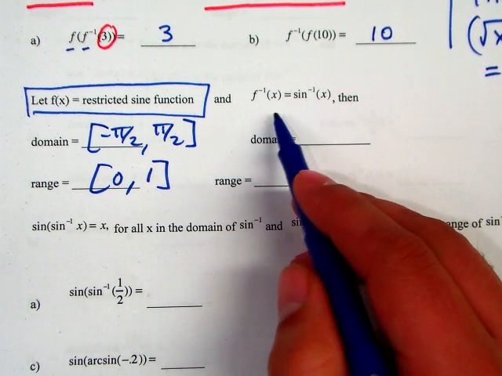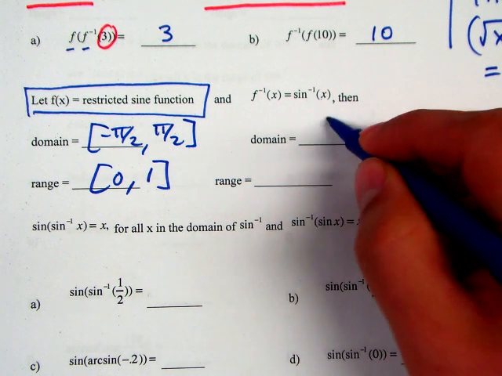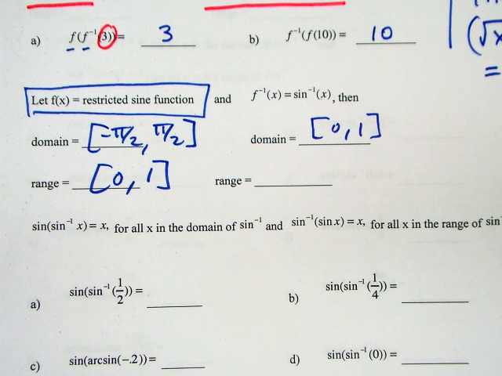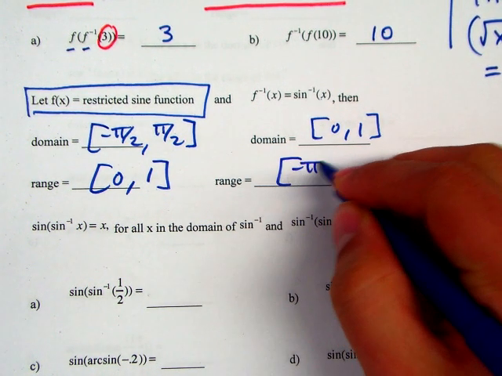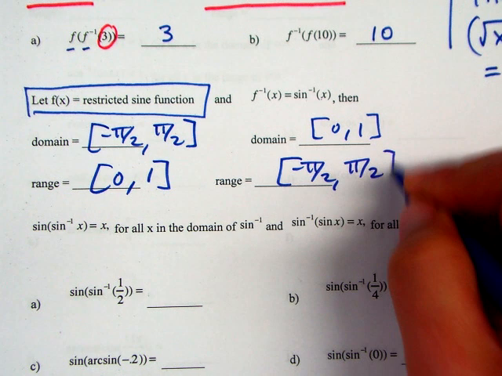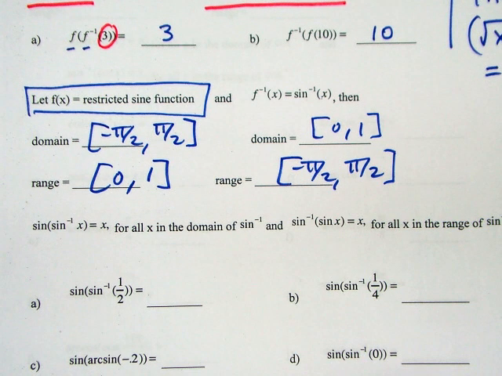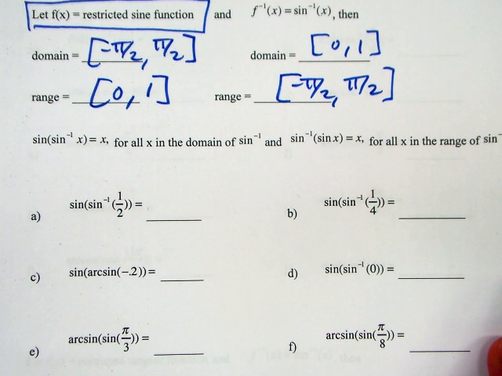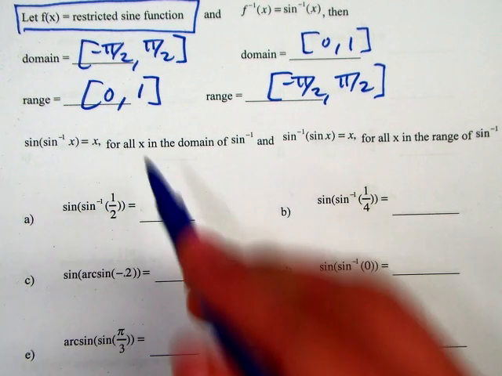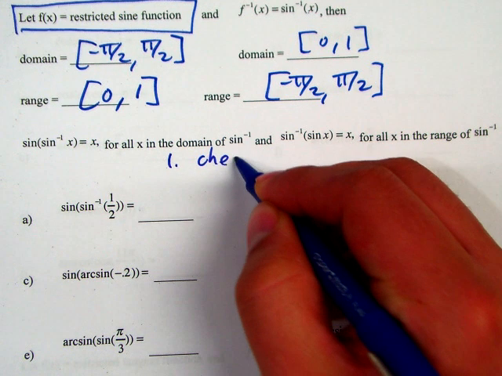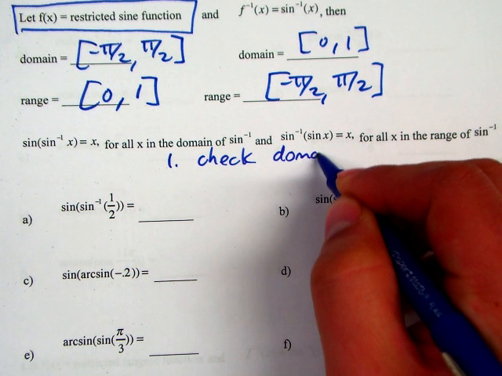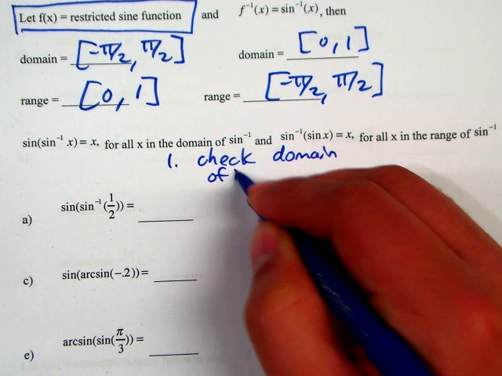And for the inverse of sine, the domain and range just flip-flop. Okay? So then this is how these compositions work. First thing you do is check the domain of the inside function.